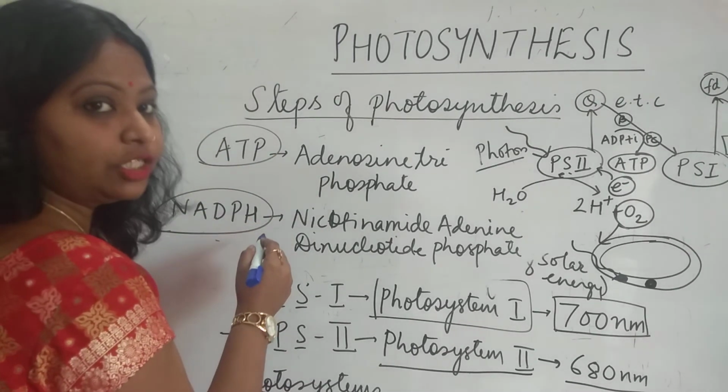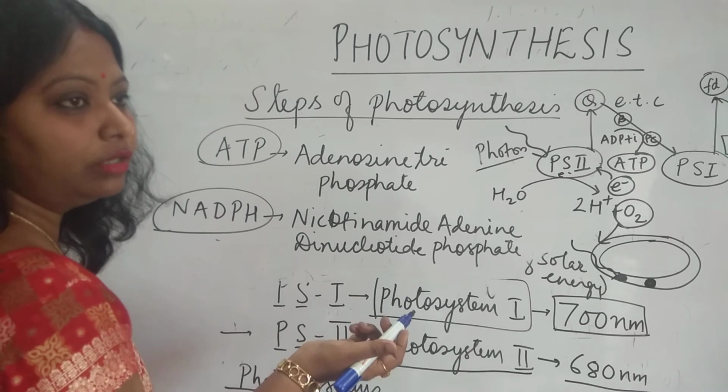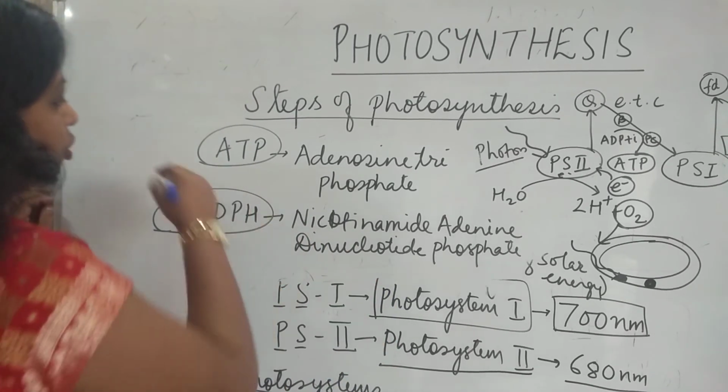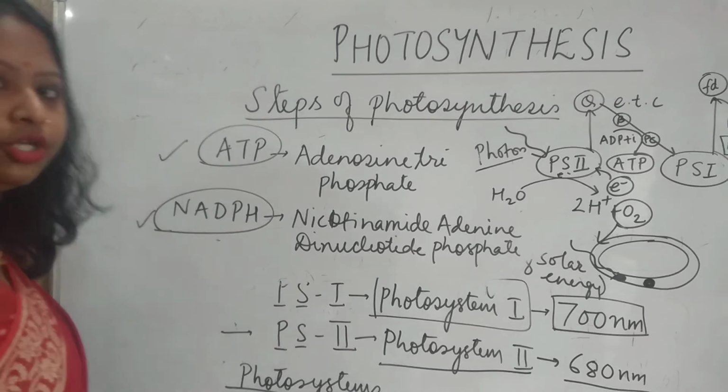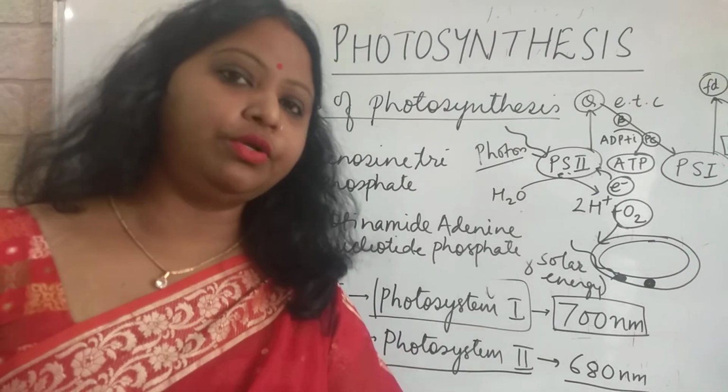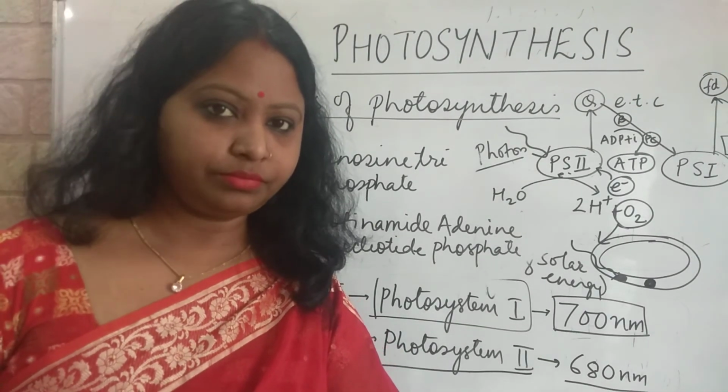One NADPH will break down and will release 3 ATP molecules. So, 2 energy molecules are produced during this light reaction.